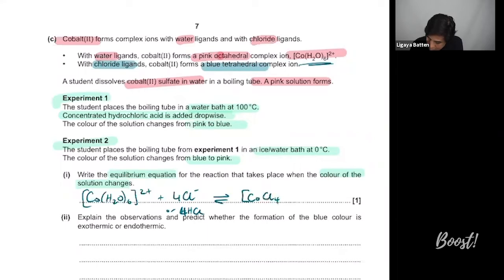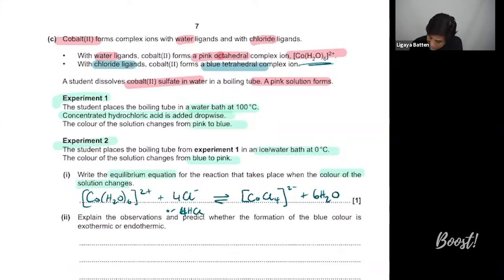And as we said earlier, this is a tetrahedral one, so it only has 4 ligands attached to the outside. And we also have a change in charge from 2+ on the left-hand side to 2- on the right-hand side. So that's all important things to include. And then we've got 6H2O, because the 6H2Os were bumped off of the original complex.